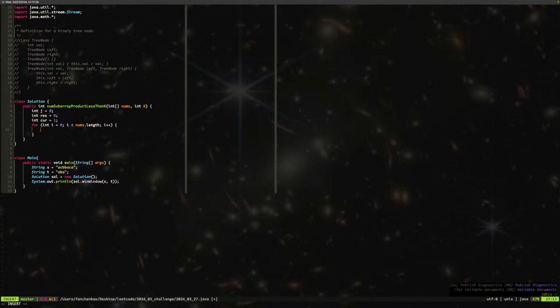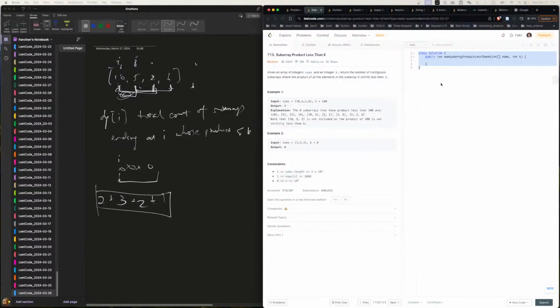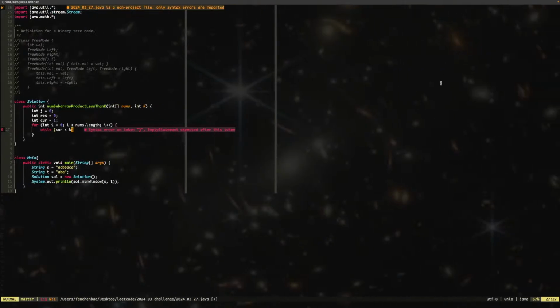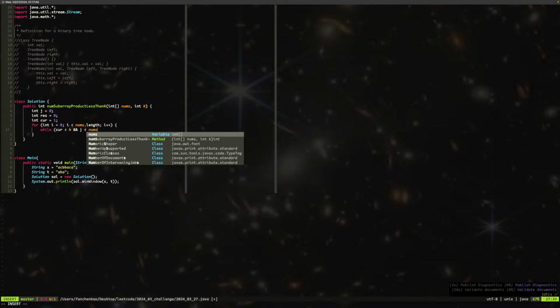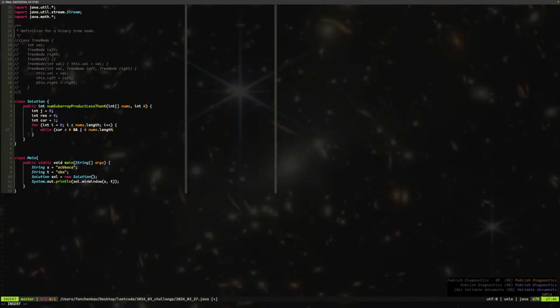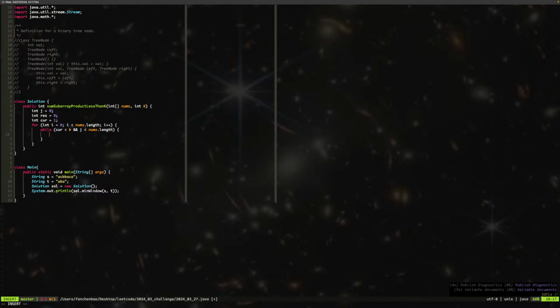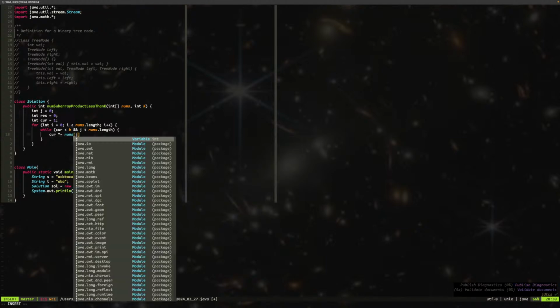Actually no, we should say while current is smaller than k, right? K can be 0, right? Okay. Current is smaller than k, and j is smaller than nums.length. Okay. Then we say current times equal to nums[j], right?